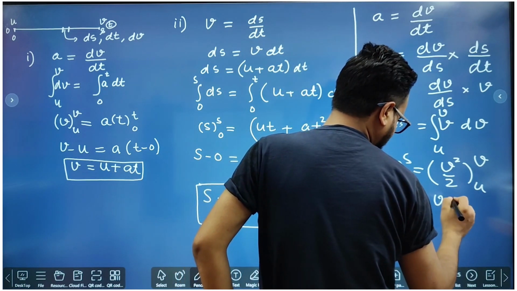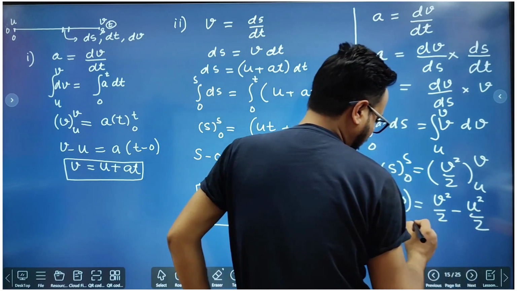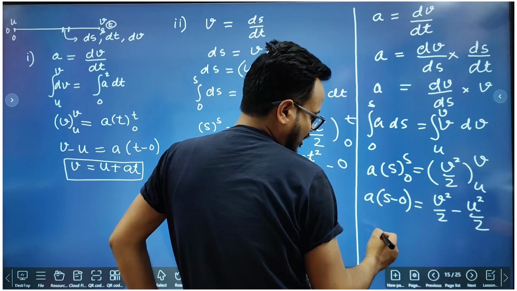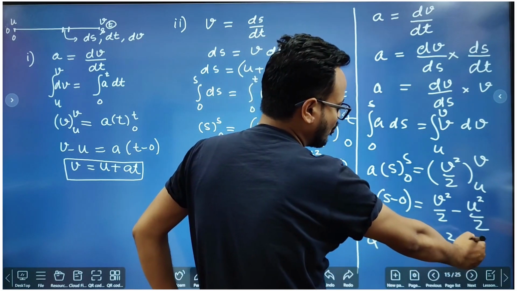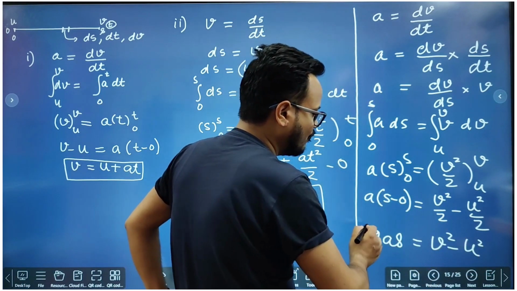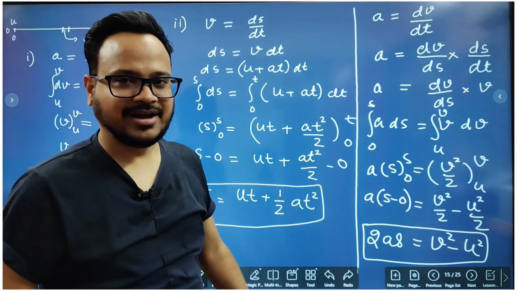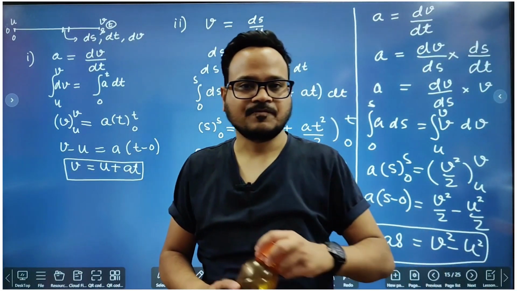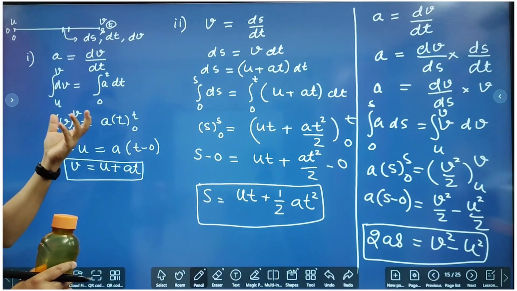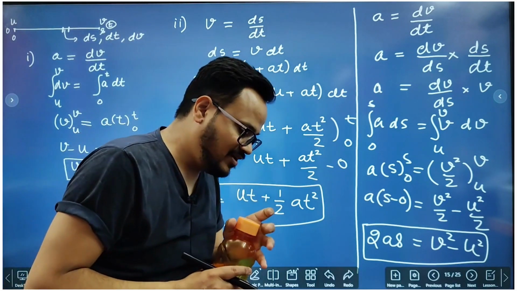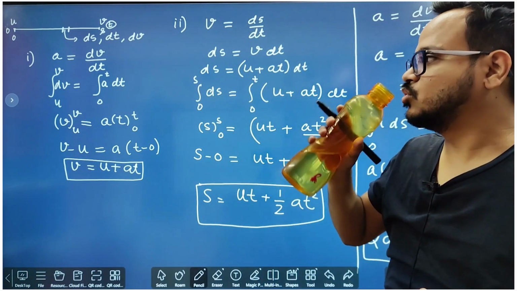Put upper limit minus lower limit. Finally, bring this 2 on this side. So 2as equal to v square minus u square, which is nothing but the third equation. So these are the derivations of 6 equations, 3 with the algebraic method and 3 with the calculus method. Any derivation can be asked in exam if these derivations are discussed in your school.